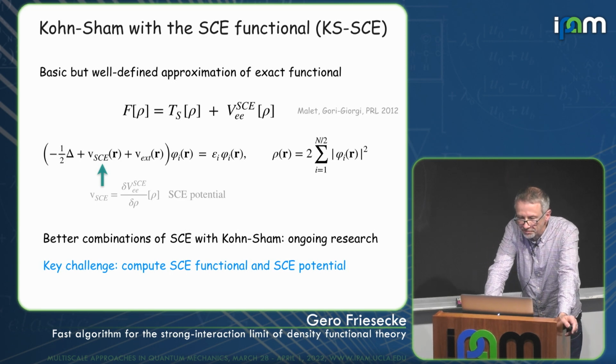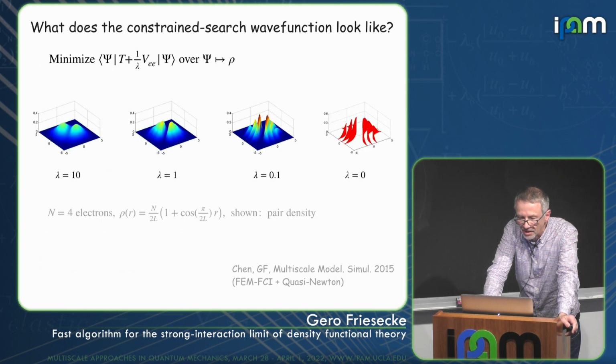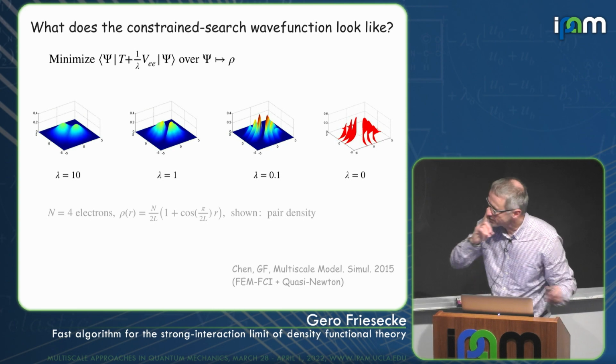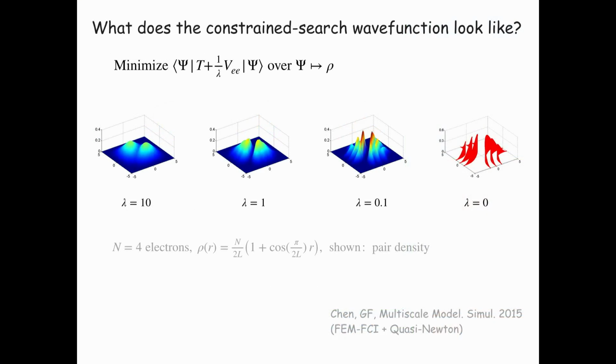Okay, so now what's next? I wanted to show a picture of what this constrained-search wave function looks like. I've cleared an overall scale factor, and then I minimized T plus 1 over lambda times the interaction energy over the given density. When you do that, you see a crossover.